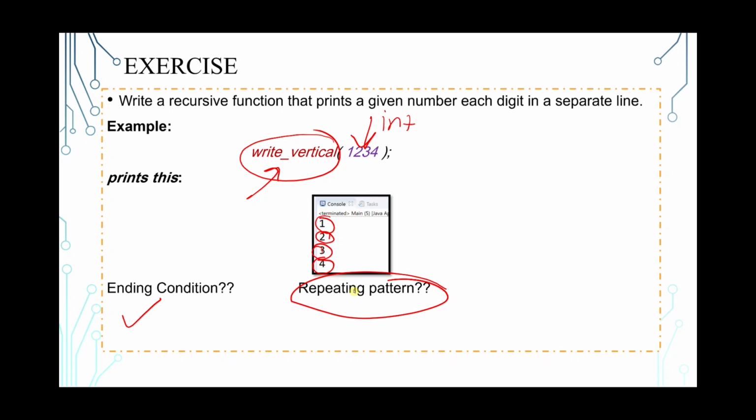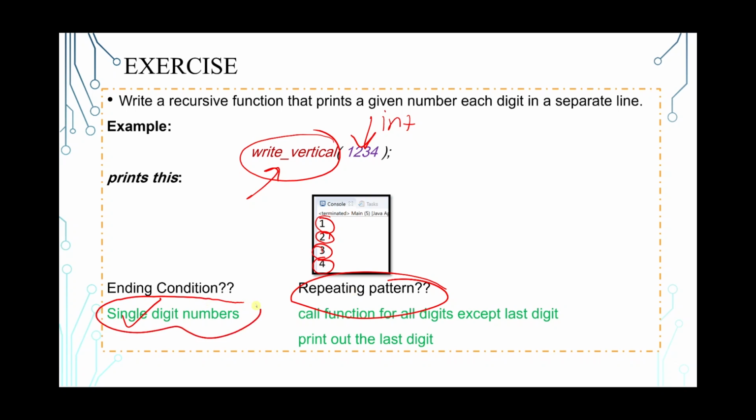So stop the video, pause the video, and start working on this. But here is a hint before you pause the video. The ending condition could be when you get down to a single digit number. The repeating pattern could be when you call the function for all digits except the last digit, and then print out the last digit.